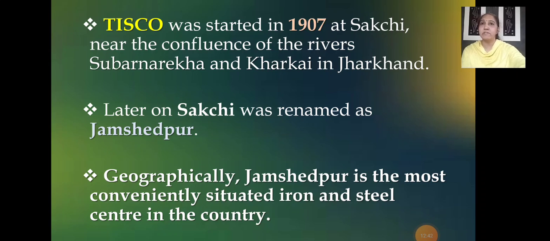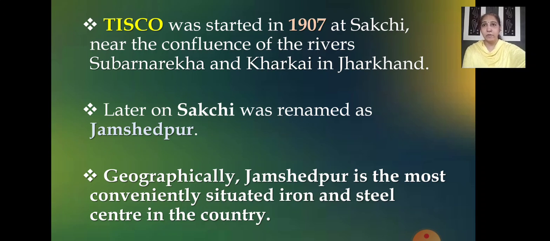TISCO was started in the year 1907 at Sakchi, near the confluence of the rivers. Confluence means where two rivers meet. The confluence of the rivers Subarnarekha and Kharkai in Jharkhand. These two rivers were meeting there in Sakchi. There it started.